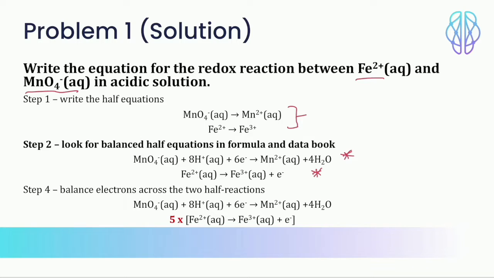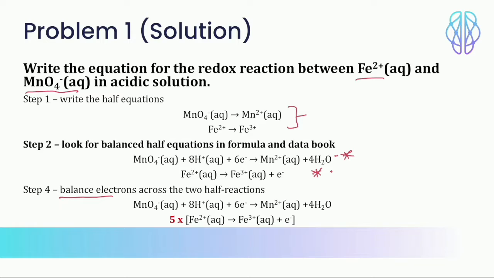Now, the next step for half reactions is balancing them individually. So we've noticed that in our data book, each one comes individually balanced, but we can't quite substitute each reaction into one another, which is our end goal, to have one formula for this. So before we substitute them into one another, we've got to balance the electrons across the two half reactions.